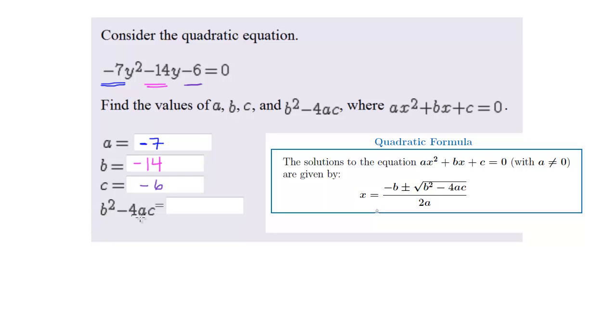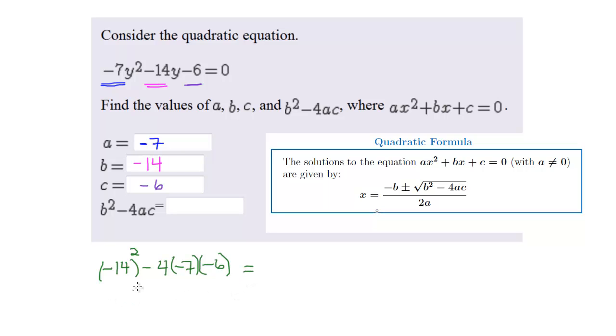So b squared minus 4ac, well, we use these values here, and so b squared is negative 14 squared minus 4 times a, which is negative 7, times c, which is negative 6. So we are simply evaluating this expression, negative 14 squared minus 4 times negative 7 times negative 6.